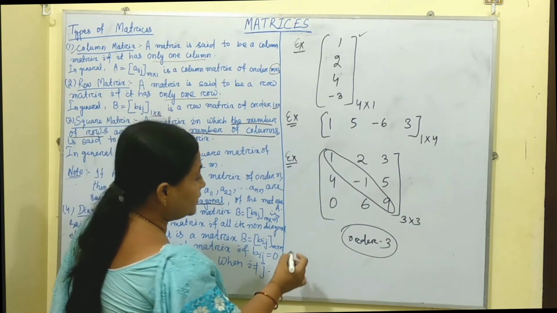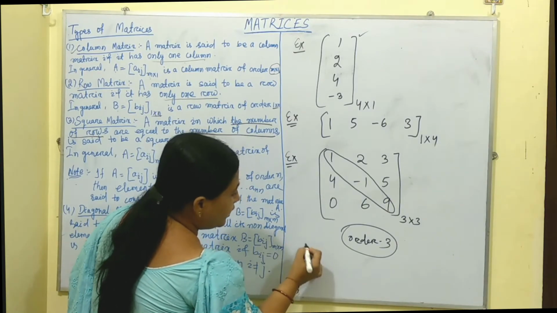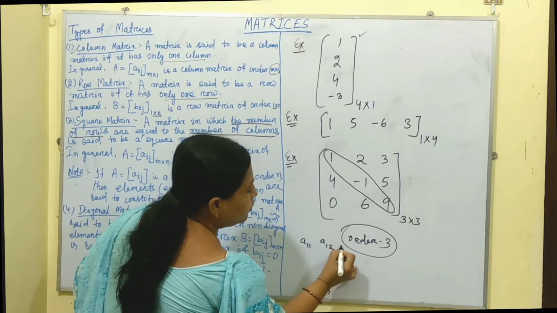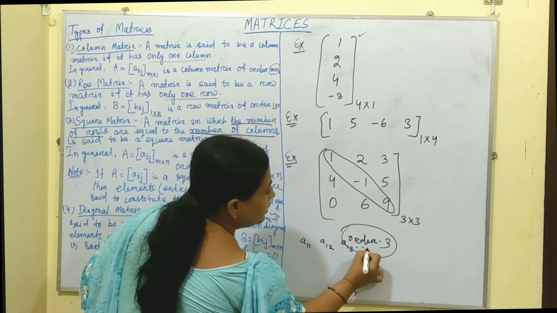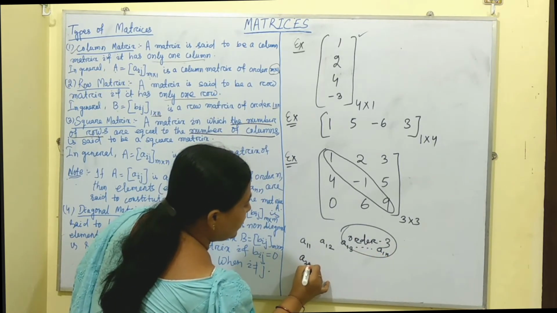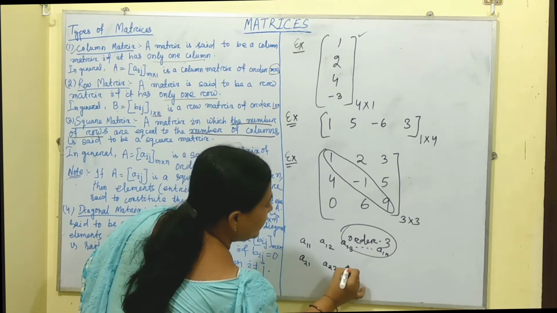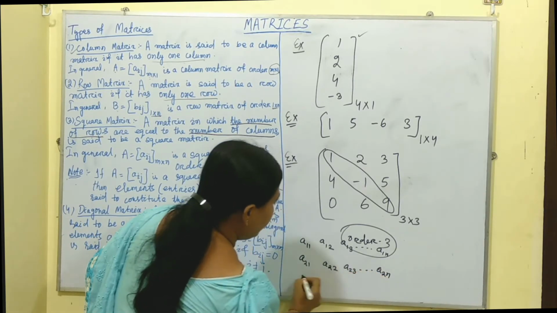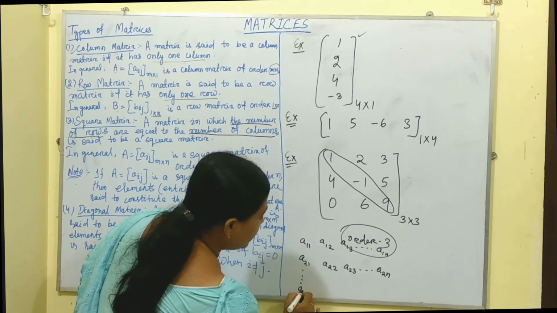In general matrix of order n, we can write A11, A12, A13, up to A1n, A21, A22, A23, up to A2n. This is order n.